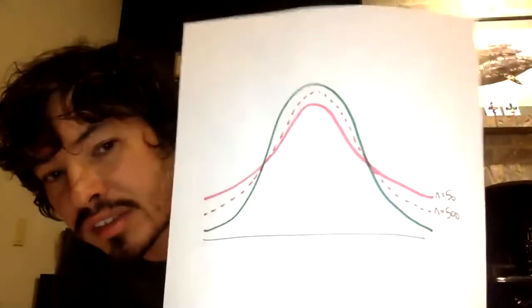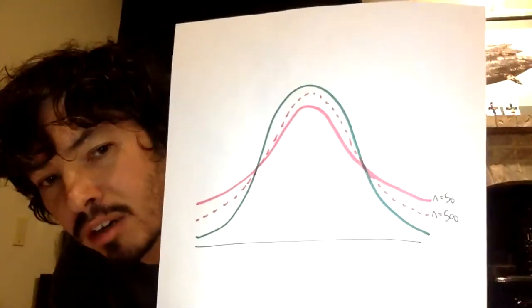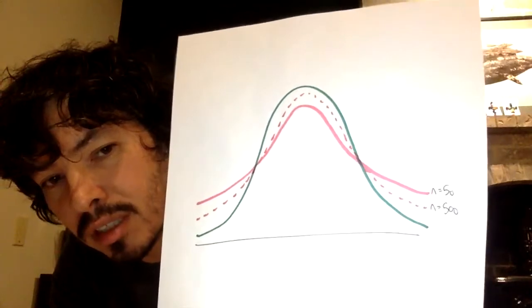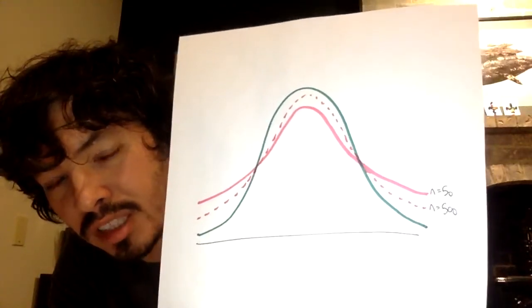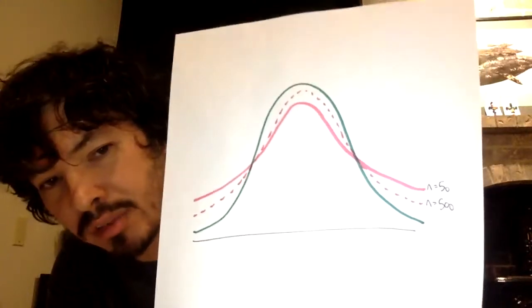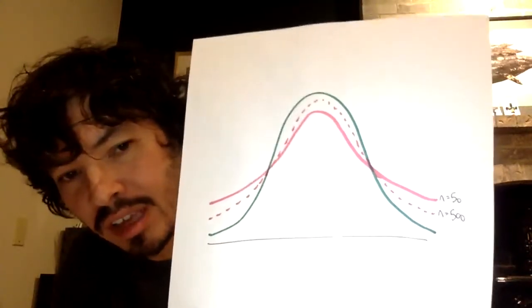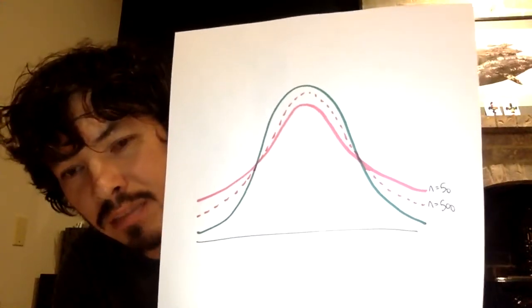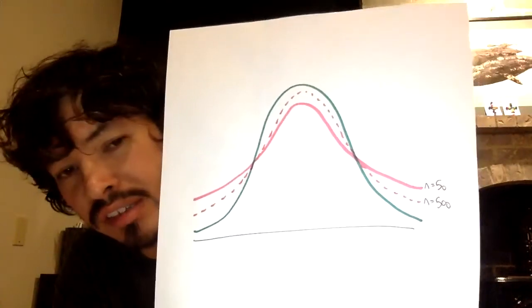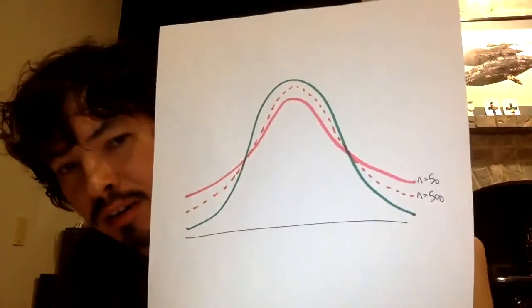So let's say the solid pink is a t model with sample size 50, and the dotted one is a t model with 500 sample size. As the sample size increases, the t model becomes more and more like the normal model, and a t model with an infinite sample size actually becomes the normal model.